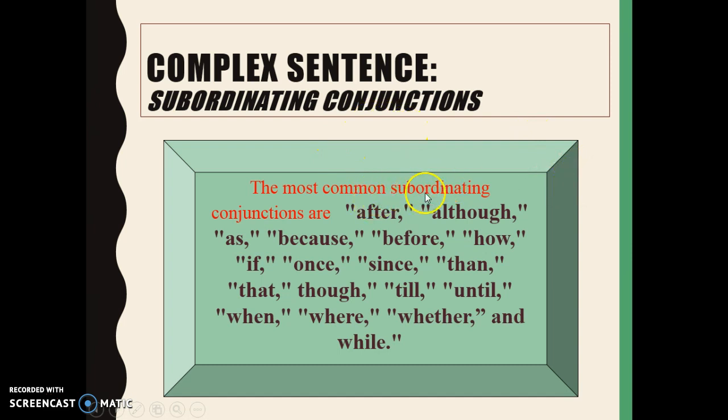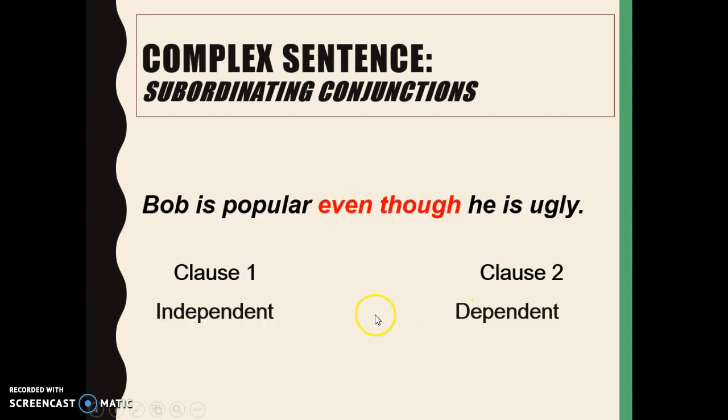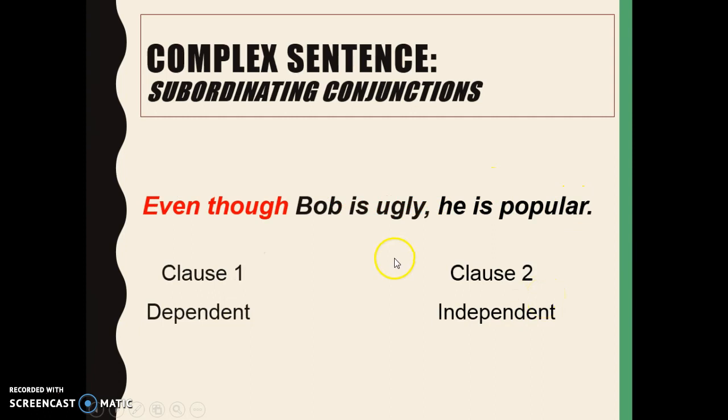The most common subordinating conjunctions are after, although, as, because, before, how, if, once, since, then, that, though, till, until, when, where, whether, and while. As I explained to you just now, Bob is popular, independent; even though he is ugly, dependent.